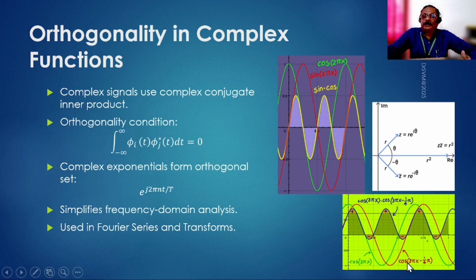But because of this 45 degree delay, if you multiply them, then what we get is the blue curve, and if you look at that, the positive part is more than the negative part, and when you integrate that over time, they don't cancel each other, and hence the overall integration will not be 0. So the overall integration not being 0 just indicates that these two functions are not orthogonal. So just as an example, I was trying to show what orthogonality is.